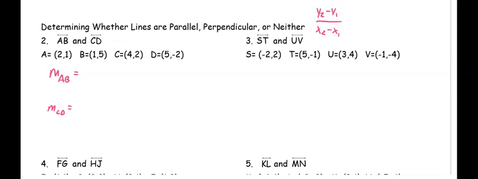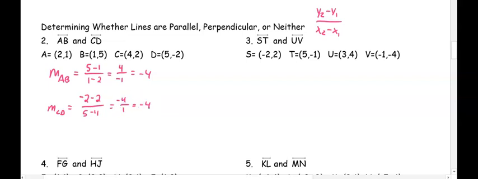So for the slope of AB, we have 5 minus 1 on top because those are the y-coordinates, and on the bottom, 1 minus 2. That gets us 4 over -1, which reduces to -4. For CD, we have -2 minus 2 over 5 minus 4, which gets us -4 over 1, which reduces to -4. Because these slopes are the same, we now know that they are parallel.